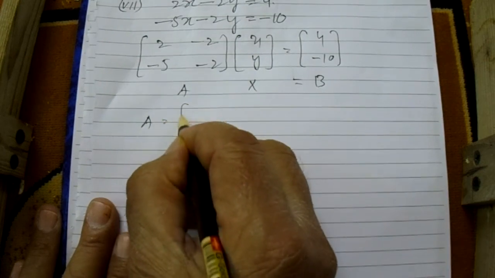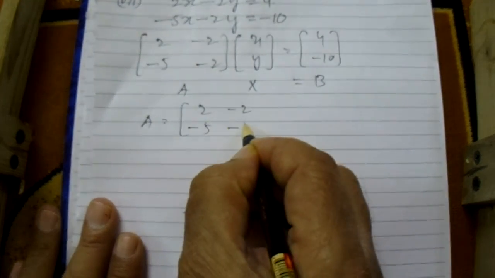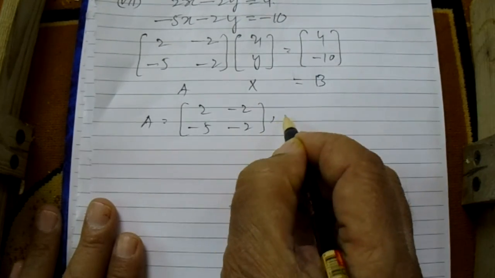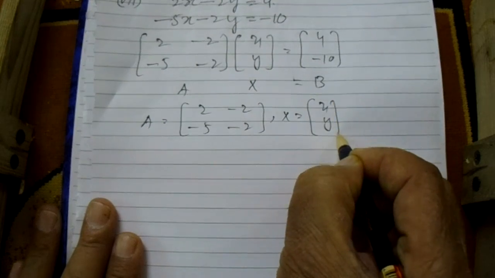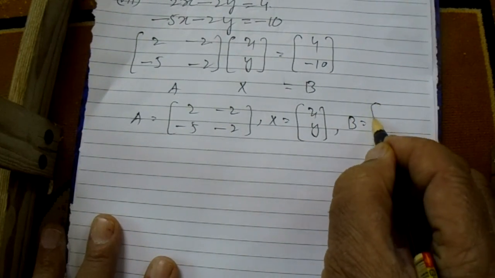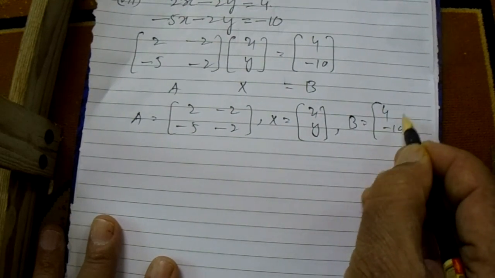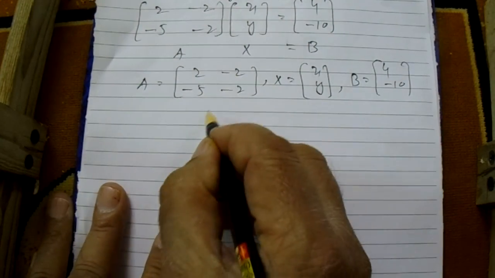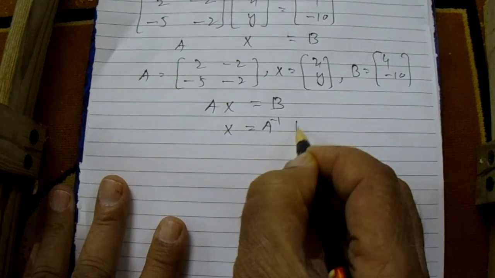Matrix A is equal to [2, -2; -5, -2]. Now x is equal to [x; y], and B is equal to [4; -10]. Now again we write AX = B and X = A inverse B.